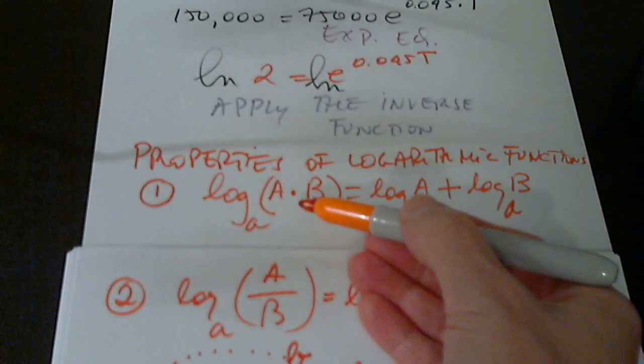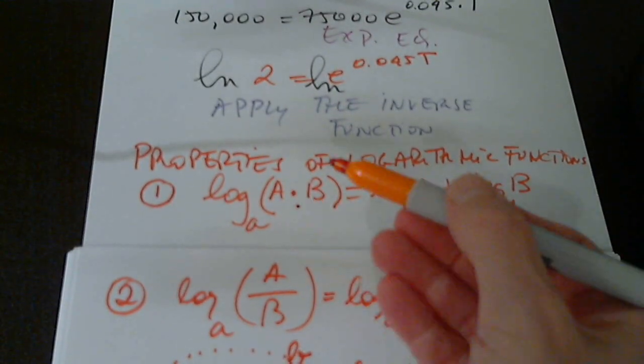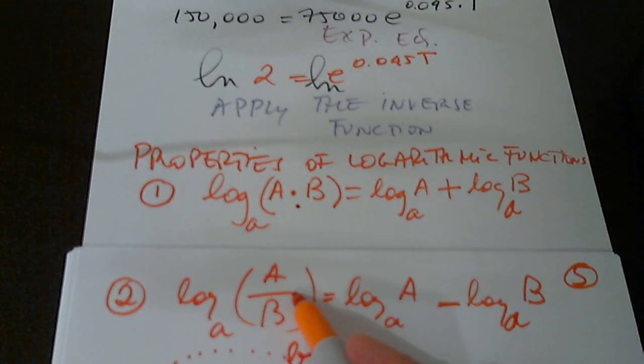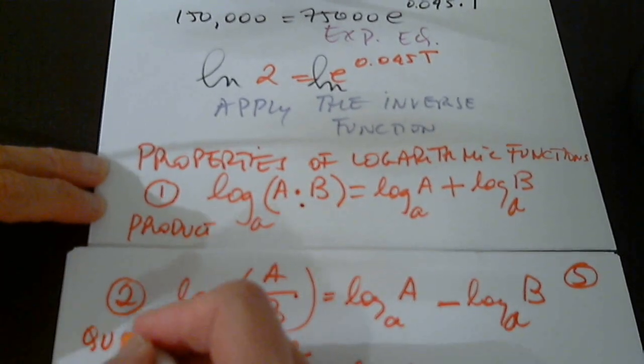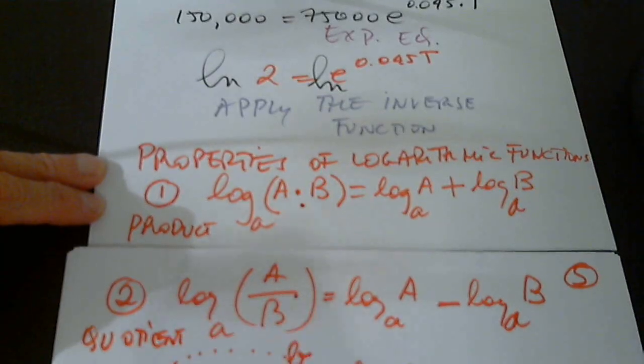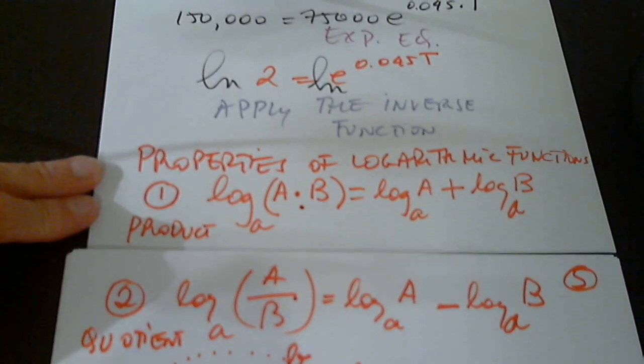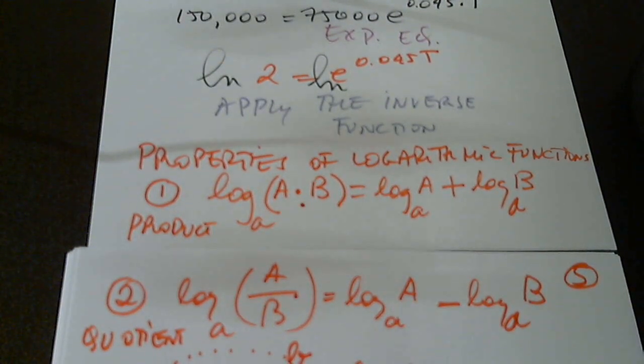So this is the product rule. This is the quotient rule. And of course, this is the power rule. So product, quotient, power. So these are the log properties in any base.